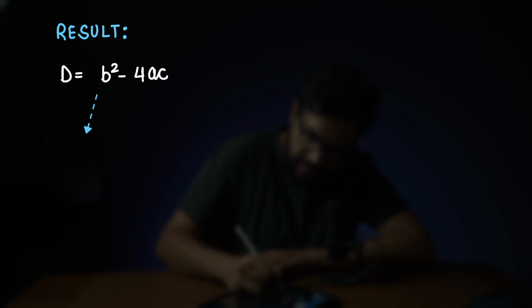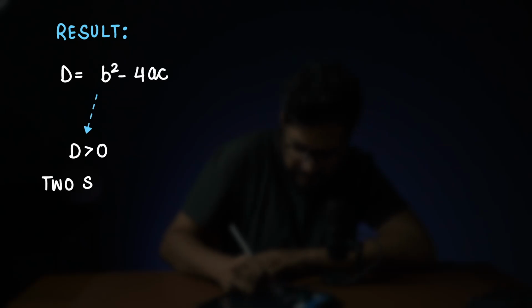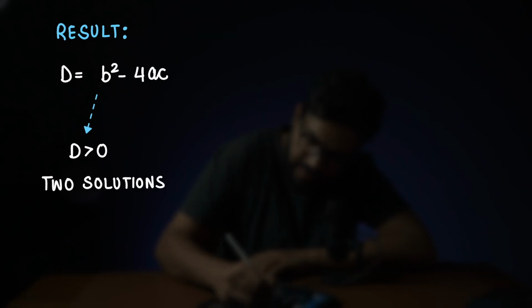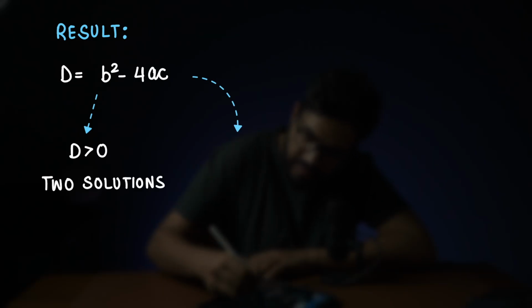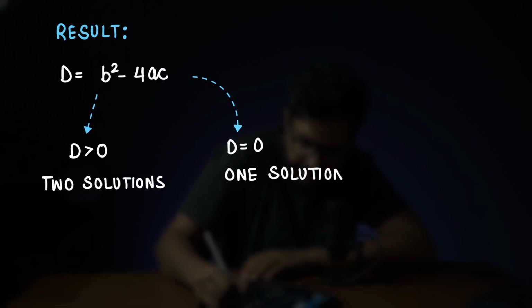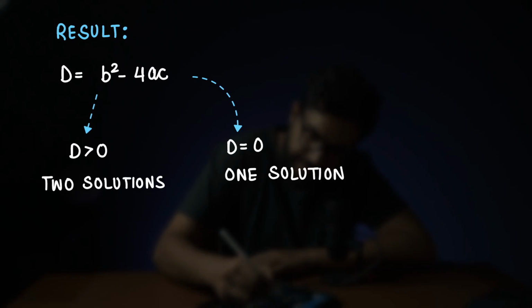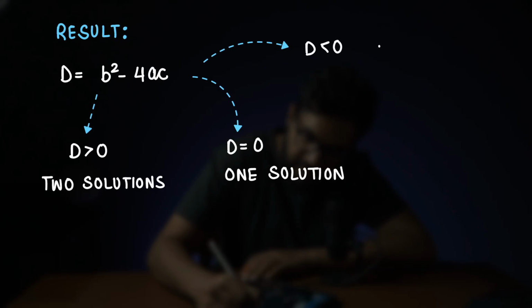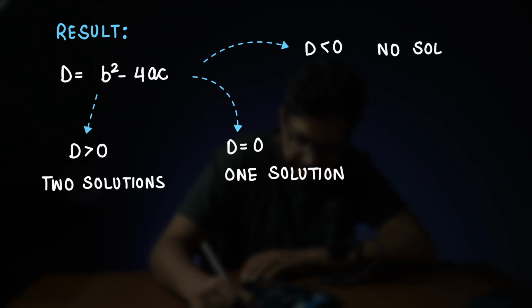If D is positive, we have two solutions. If D is 0, we have a single solution of a quadratic, one solution. And if D is negative, we have no solution.